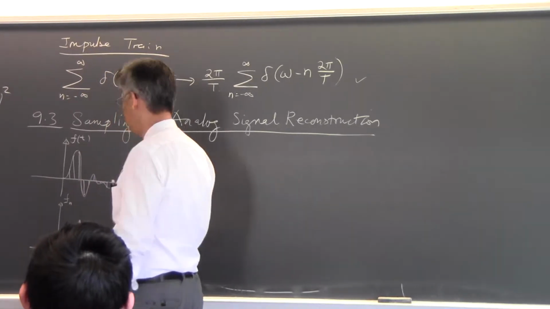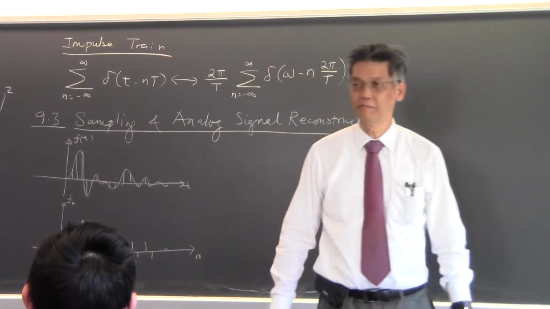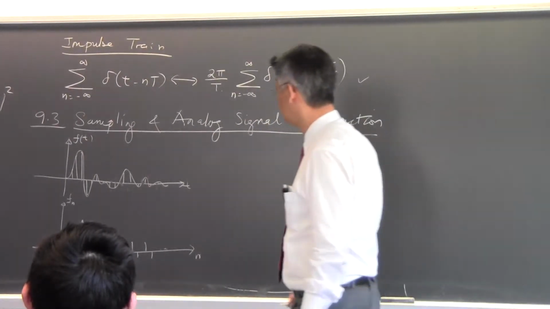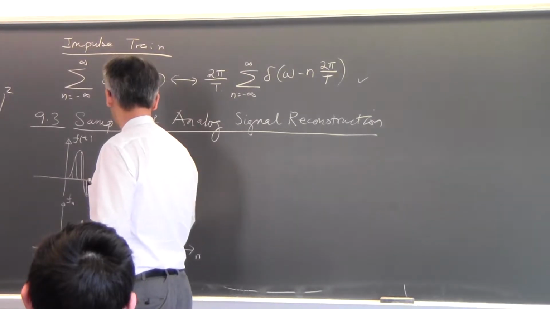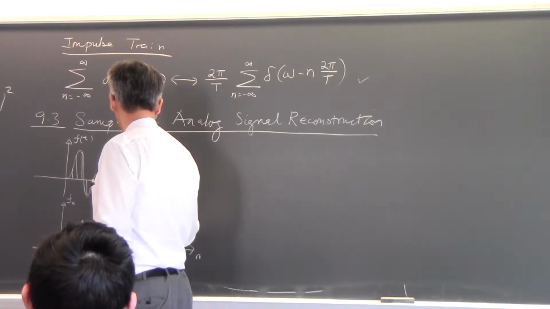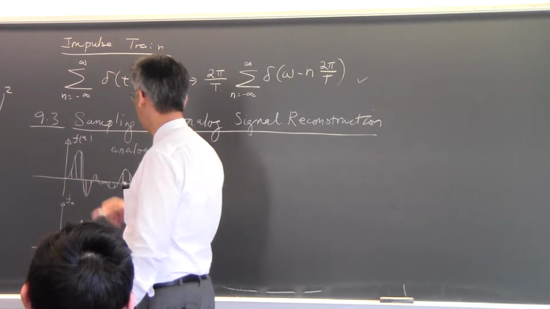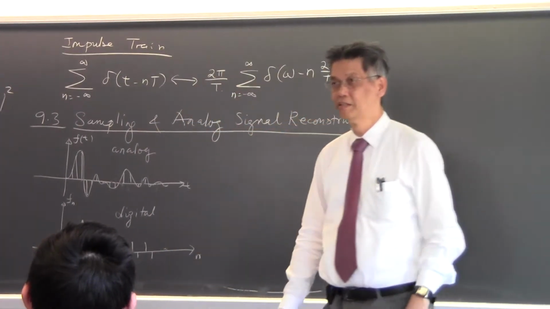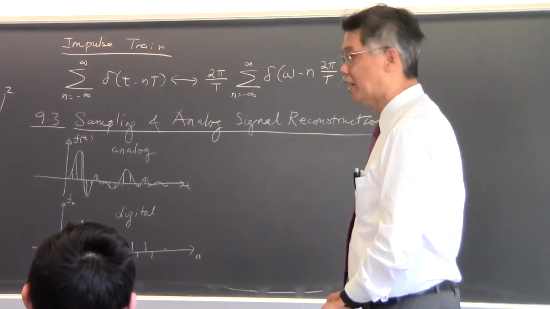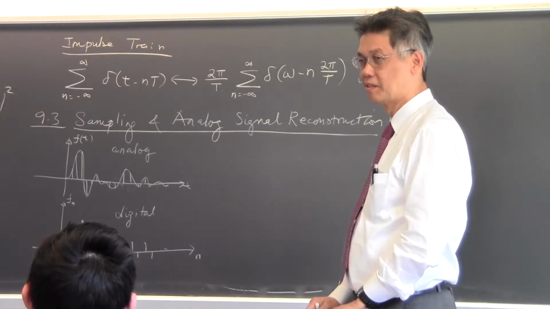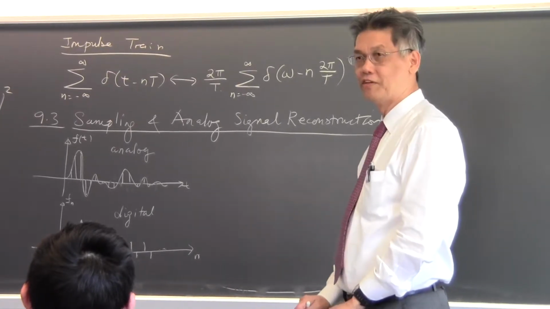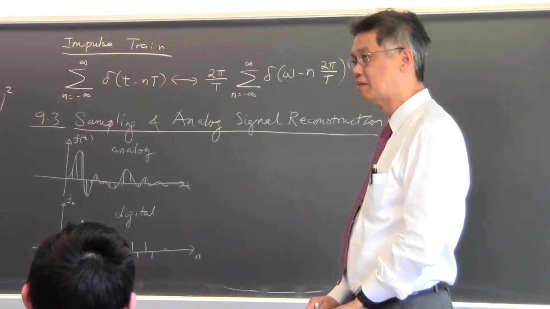If I need to only send a sampled version, which is called the digital version, this is analog and this is the digital version, which is the value of the analog signal at only certain prescribed locations. I need a lot less memory to send a digital signal. I can design more efficient systems to send a digital signal.